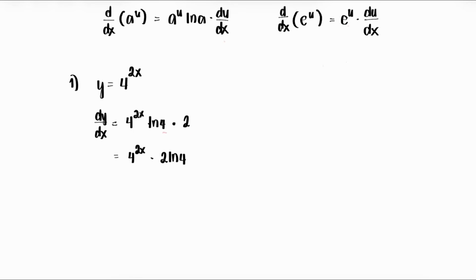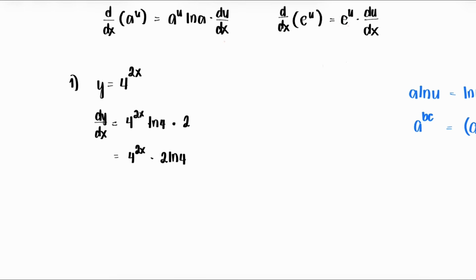Using the laws of logarithm, remember that a ln of u is equal to ln of u to the power of a. And also for the laws of exponents, if you write a to the power of bc, that is just equal to a to the power of b, quantity to the power of c.